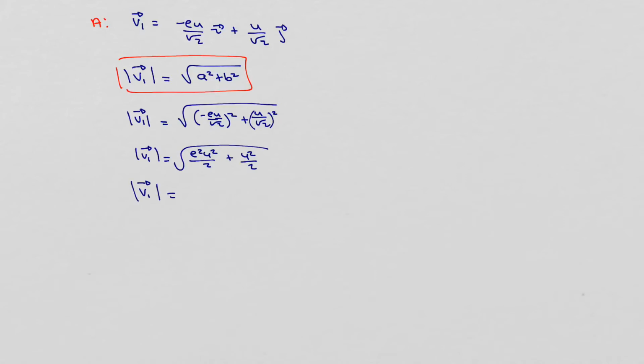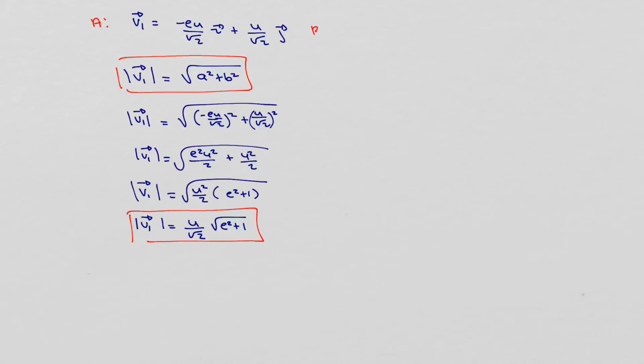And therefore I have u squared is common. And if I take out u squared over 2, well, that leaves me with e squared plus 1. And I can leave it like that, or I could take out the u squared over 2, which would be u over root 2 times the square root of e squared plus 1. Okay, so that would be the speed for A. So our speed is our magnitude.